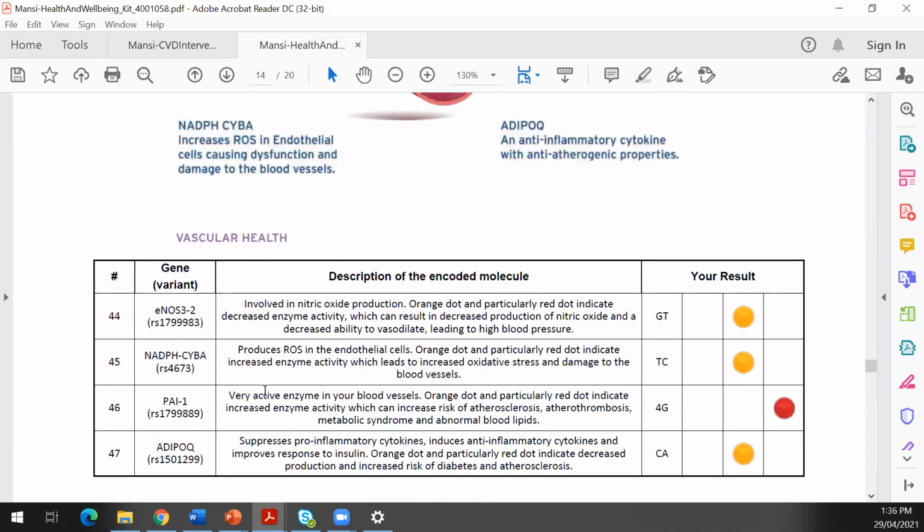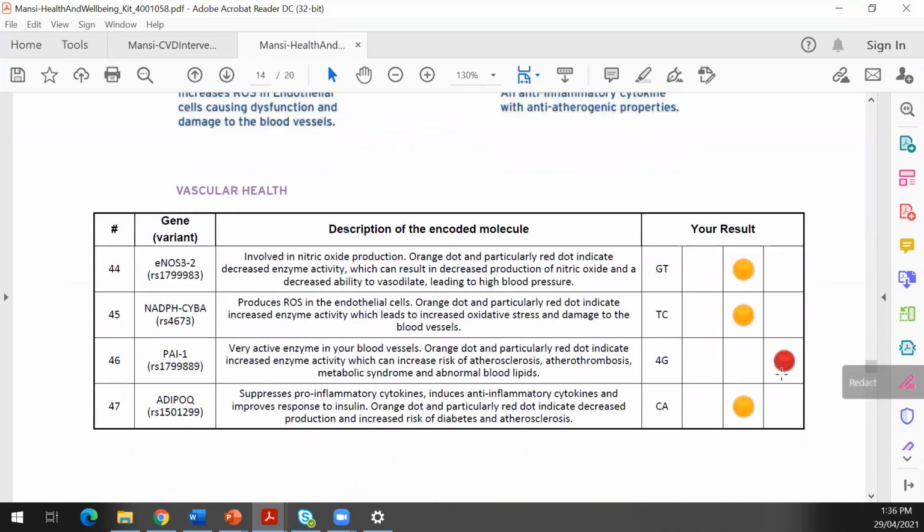I always had an issue with my blood pressure control. And you can see that for vascular health, I don't have any green. So what does that mean to me? I need to take more beetroot to control my blood pressure.